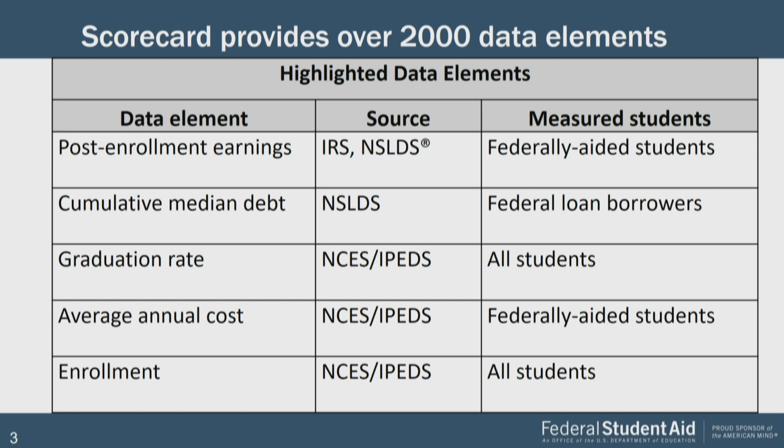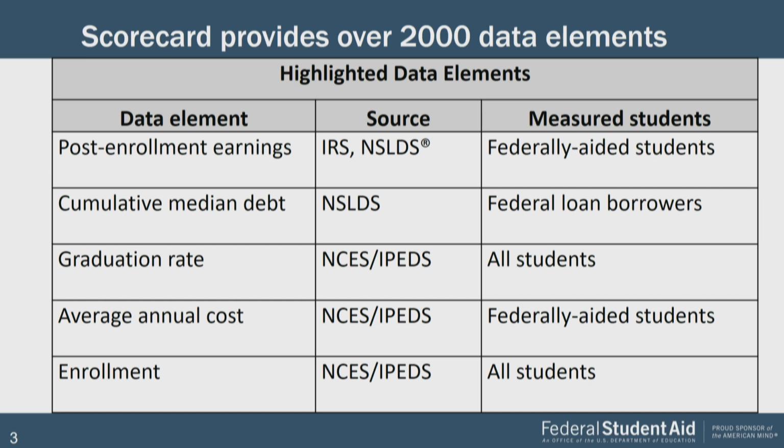While Scorecard data files provide over 2,000 data elements for each institution, I'm not going to go through all 2,000. I'll just go through some of the highlights. Post-enrollment or post-completion earnings. For these data, just wanted to caveat that we don't have information for all students.